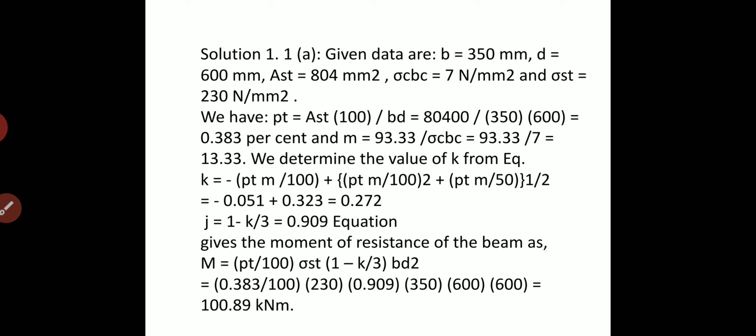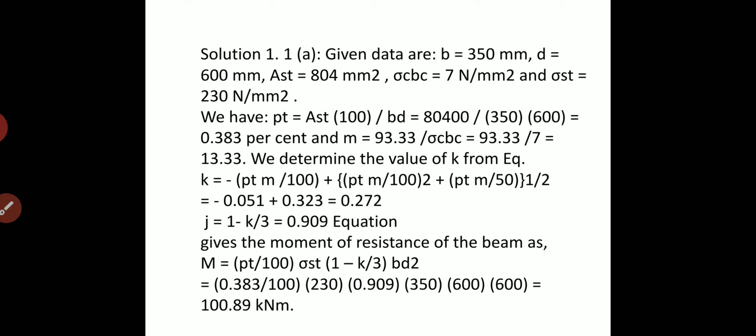We determine the value of K from equation K equal to minus PT into M divided by 100 plus the square root of PT into M divided by 100 whole square plus 2 PT into M divided by 100.